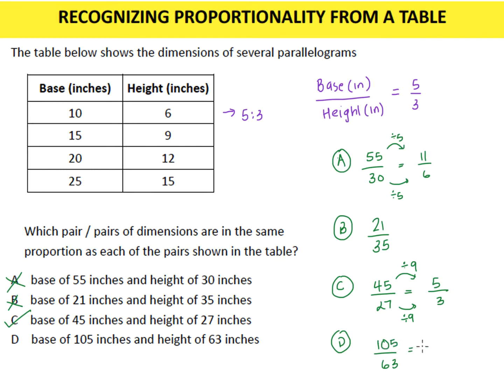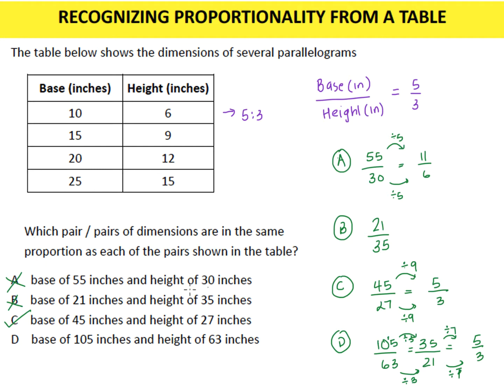So 105 divided by 3: 3 goes into 10 3 times with a remainder of 1. 3 goes into 15 5 times. So we have 35, and then 3 goes into 63 21 times. And we can simplify that: if I divide both top and bottom by 7, then I get 5 over 3. I went from here to here by dividing by 3. Just to be complete.